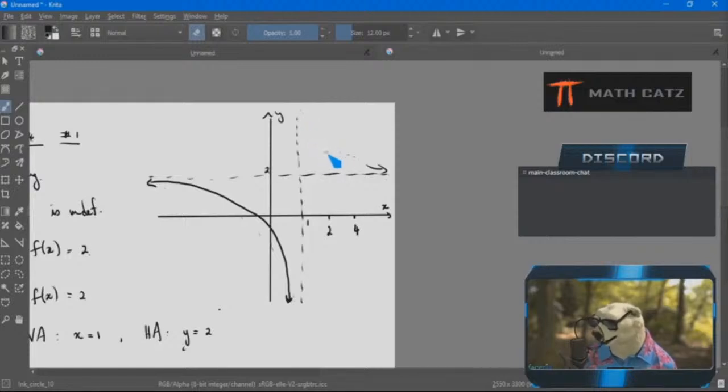I didn't look ahead, so I didn't leave a lot of space for myself, but let's just work with what we got here. So I know something's happening at 2 and something's happening at 4. Let's just put them randomly like that. They have to go downwards to the horizontal asymptote.